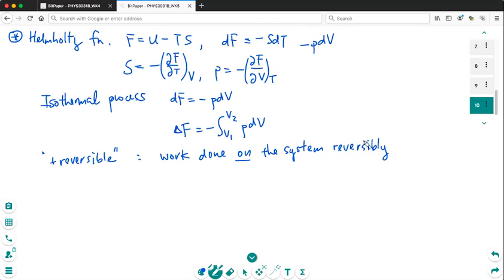On the system, then by the surroundings, you get this minus sign here. So in this case, we know d̄W reversible will be minus P dV.